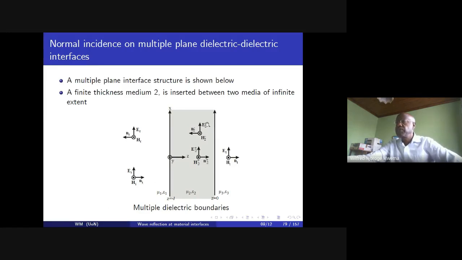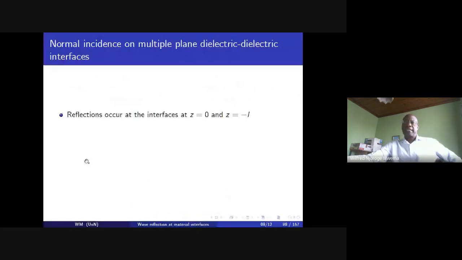So we have an E2 minus and an H2 minus, E2 plus and H2 plus. This represents the wave propagating in the positive z direction, and that represents the wave propagating in the minus z direction in medium 2. So this is what we have to do.